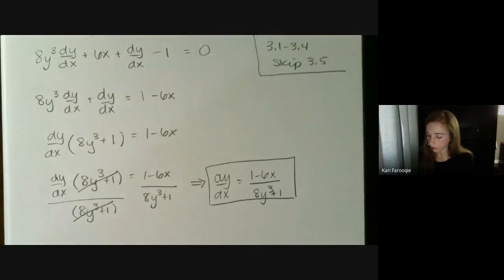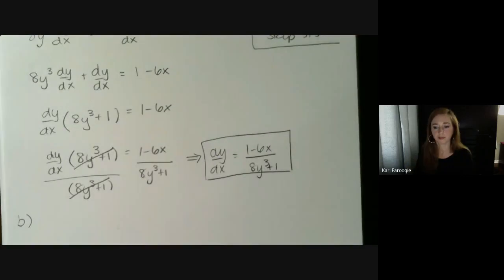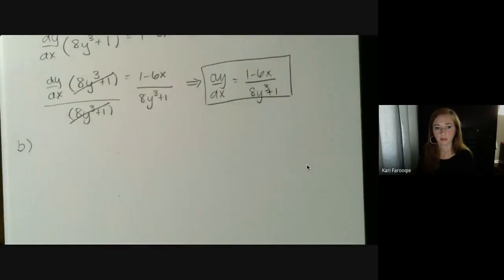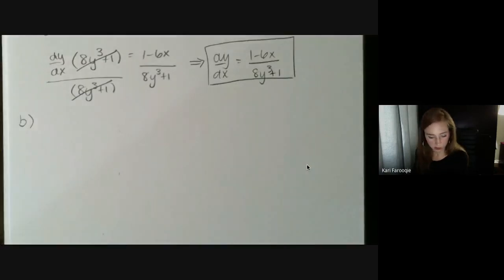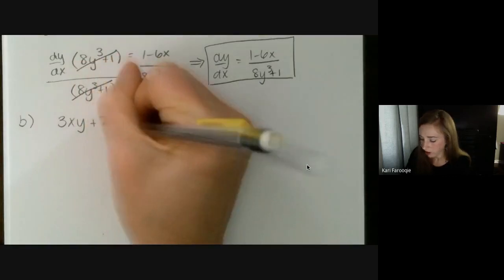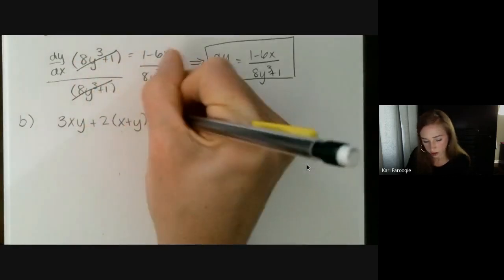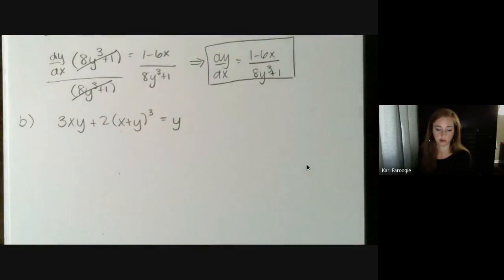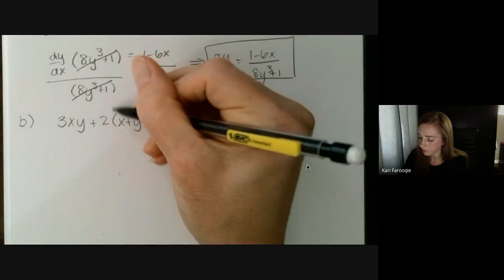Okay, so let's do another one, of course. This one is 3xy plus twice the quantity x plus y cubed equals y. Now these are getting a little more complicated, because you can see now that we're going to need the chain rule here.